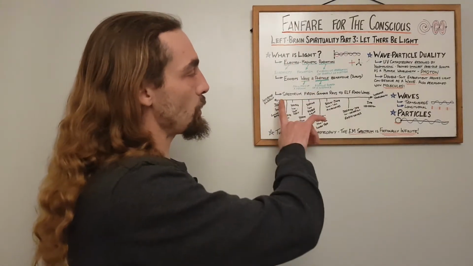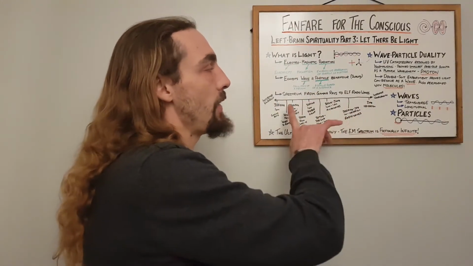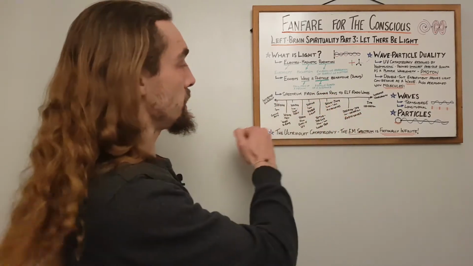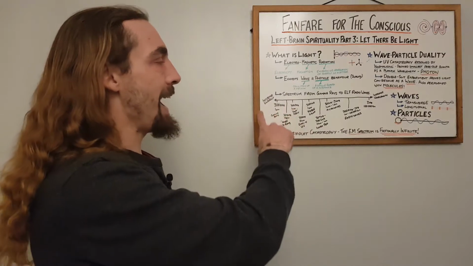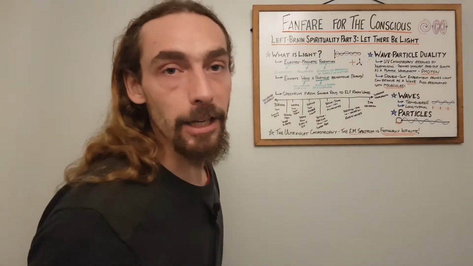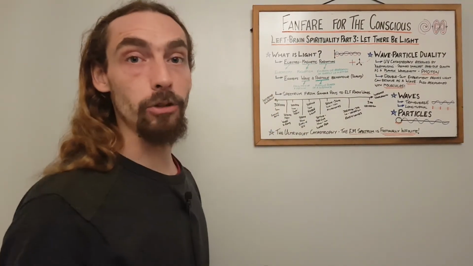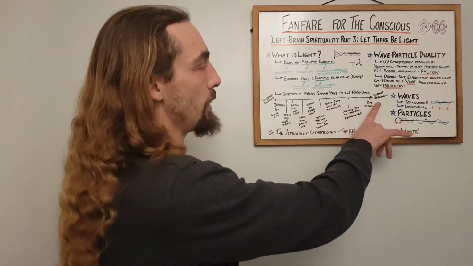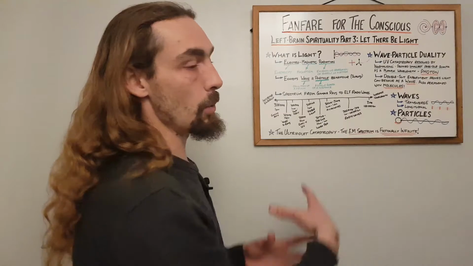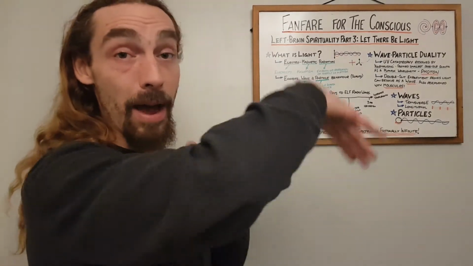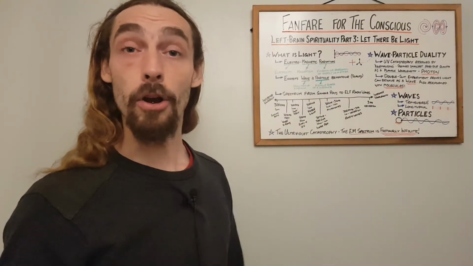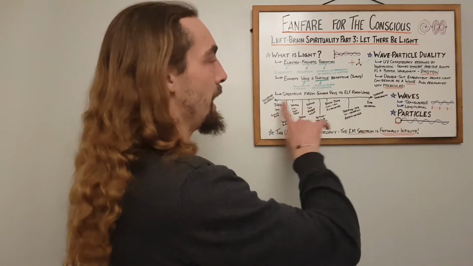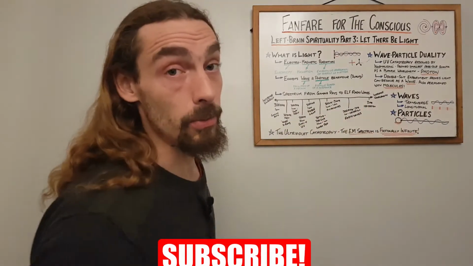So what is light? Again, we're talking about the spectrum of electromagnetic radiation. And that moves from gamma rays up at the top end here, which are the highest energy electromagnetic rays or electromagnetic photons. And then they move all the way down and increase in wavelength. So the length of that wave, again, if you're imagining an ocean, the length of that wave gets larger and larger as the energy itself decreases.